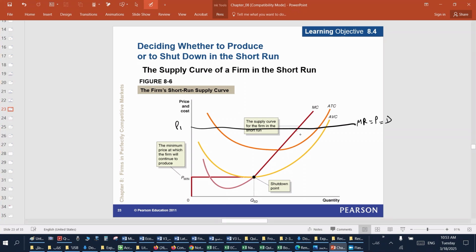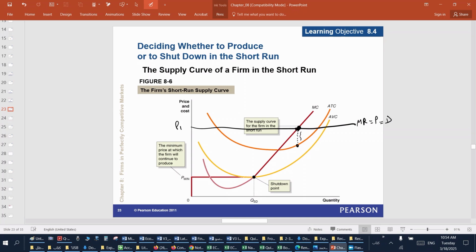This is the point where marginal cost and marginal revenue intersect. If you take a dotted line down and hit average total cost, all this area is going to be the profit. I will erase this for the sake of clarification and analysis. So as we said, this is the profit.